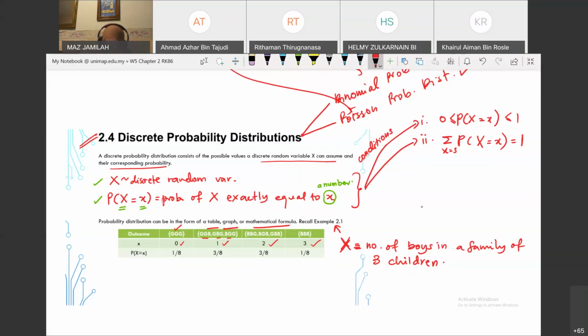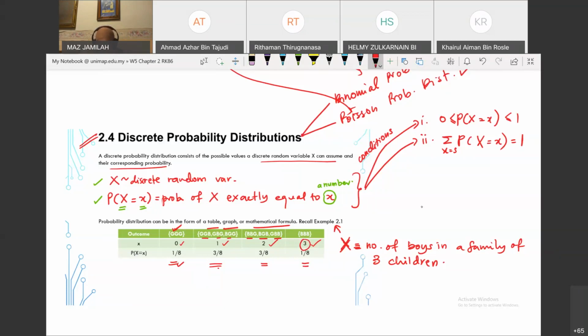That's why for 1 boy in a family, the probability is 3/8. For 0 boys, since we have 1 event, all girls, the probability is 1/8. For 2 boys, it means first and second, first and third, or second and third are boys. So again 3/8. And if we have all boys, the number of boys is 3, so the probability is 1/8.